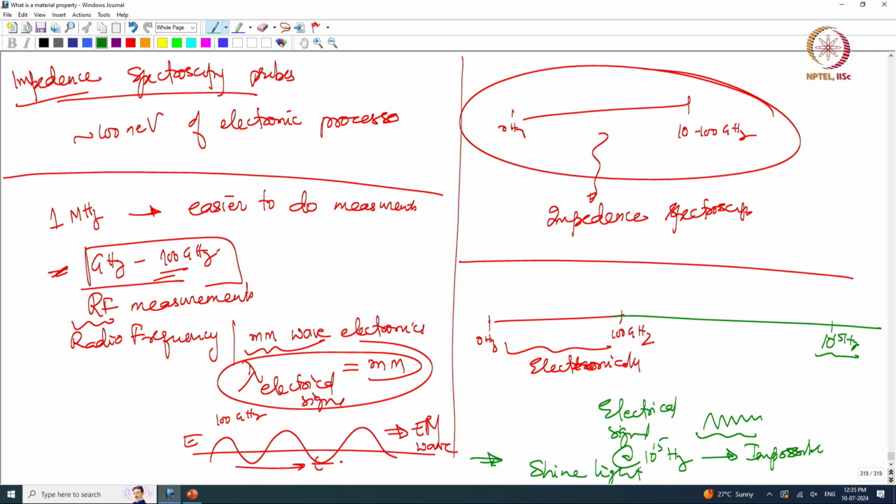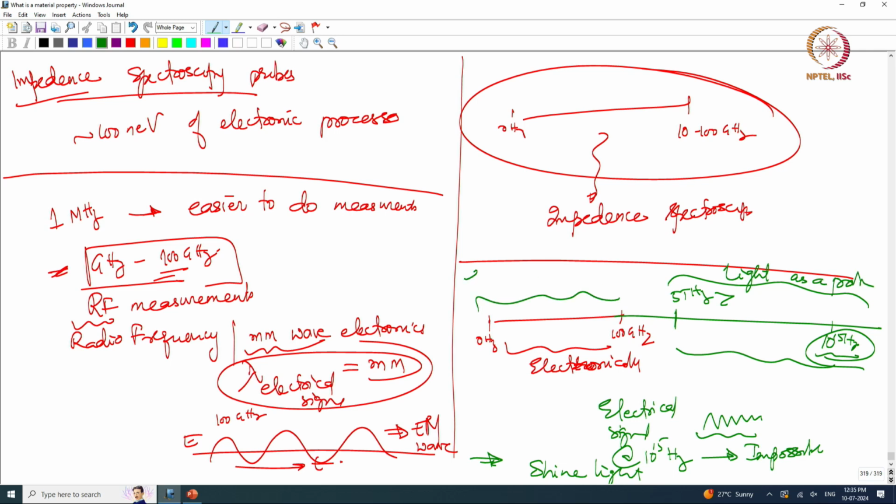because light by itself is an electromagnetic radiation with a frequency of 10 power 15 hertz. So, starting from something like a few terahertz and above, I use light, an electromagnetic wave of that frequency, as a probe.